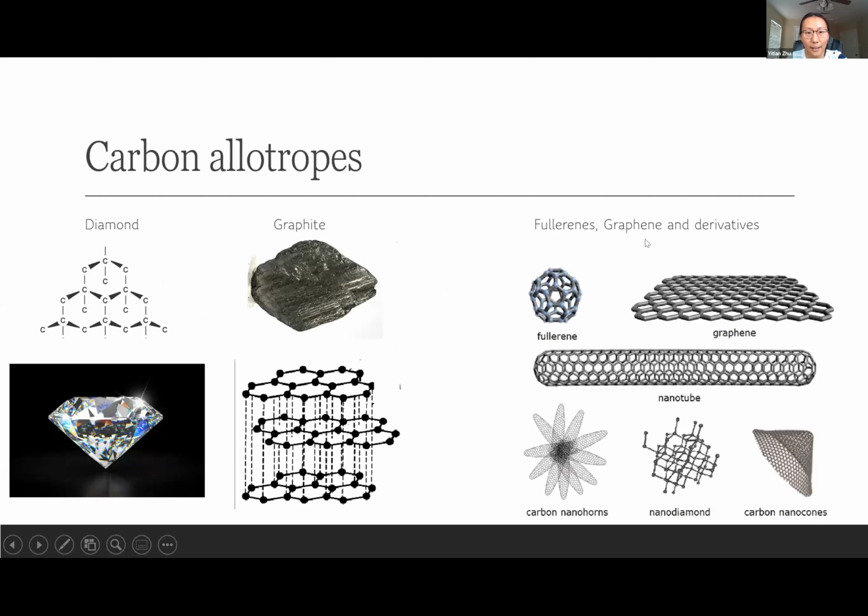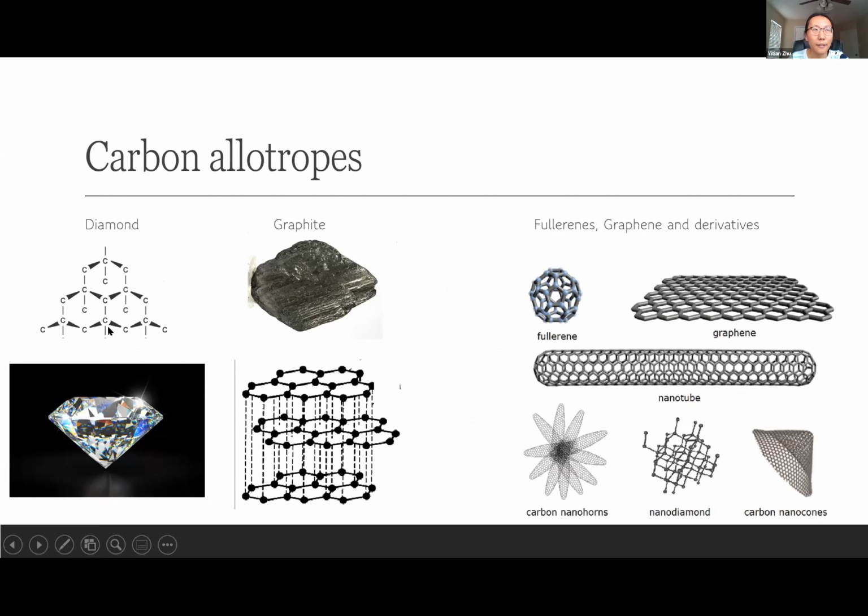All right. I think this will be one of the last things that we'll talk about, which is carbon allotropes. Remember how we talked about isotopes? Now we're talking about allotropes, and they differ by the way that the carbon atoms are arranged. In the first column, you can see diamond.